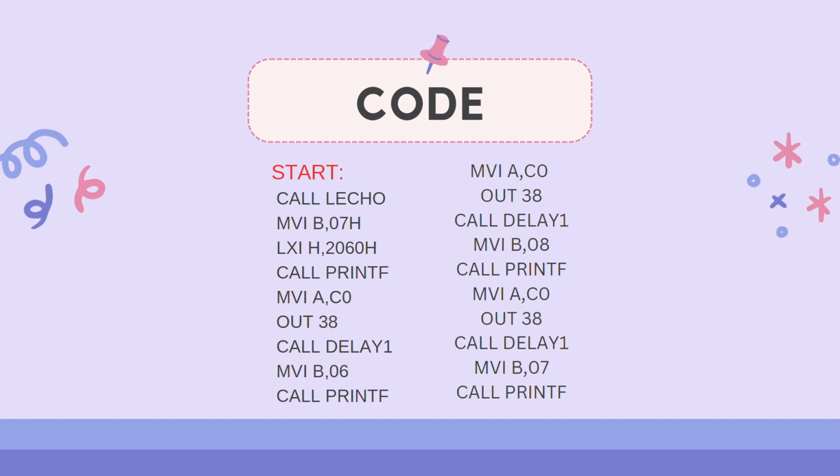The process is followed by invoking a delay one subroutine. The pattern repeats with different values in register B and the corresponding outputs and delays continue. The code likely pertains to interfacing with external devices or managing input/output operations in a microprocessor-based system.